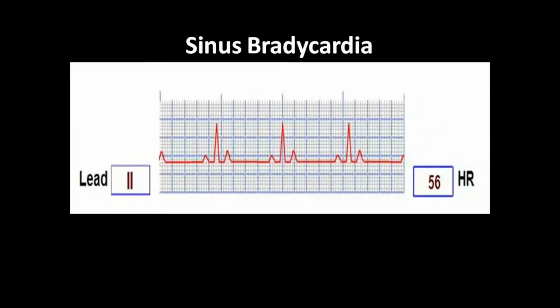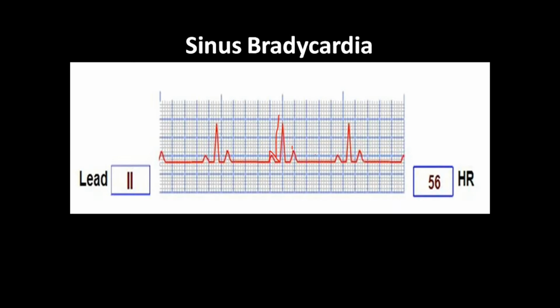Next, we'll see sinus bradycardia. Here again you can see a P wave, QRS complex and a T wave, then an isoelectric line, and again a P wave, QRS complex and a T wave.